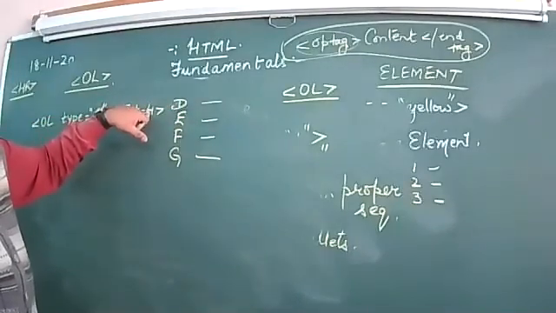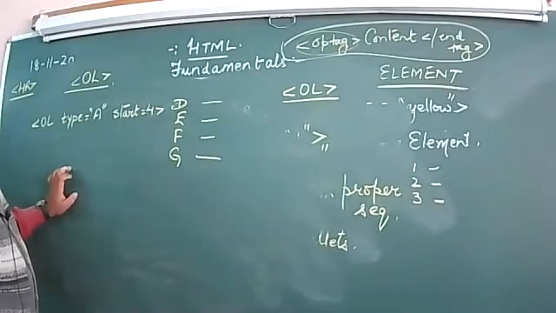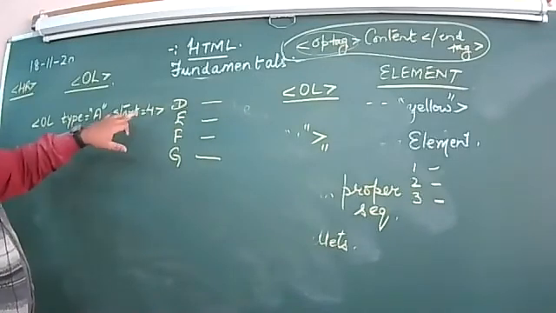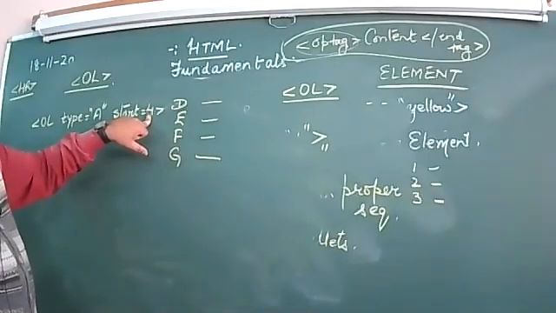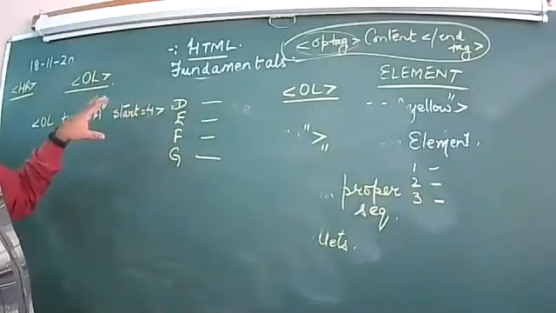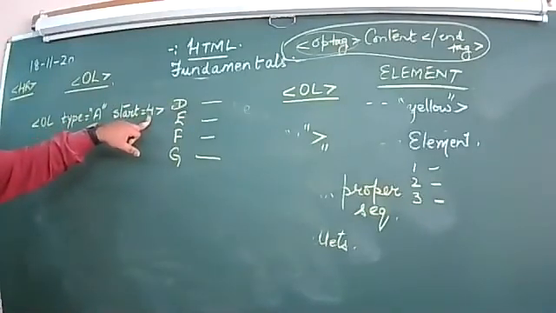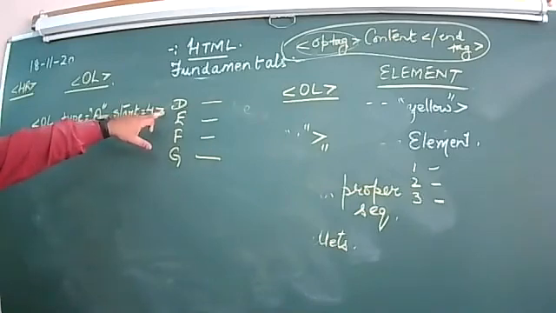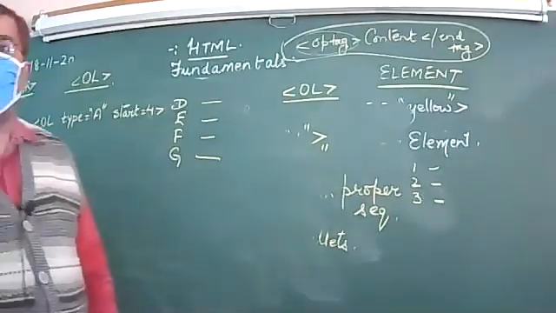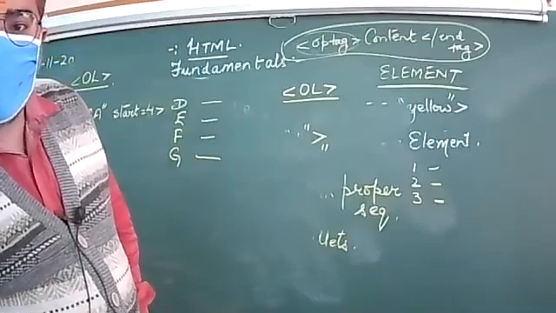If you write 5 here, the first will be E. Right? If I write 6 over here, it will be F. It can come as an MCQ also: corresponding to the value given in the start attribute, what will be the first character displayed in the list? What will be the numbering of the first item in the list? Clear? So I stop my lecture over here.